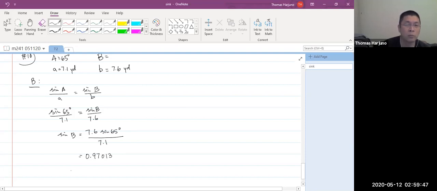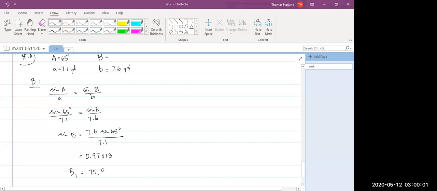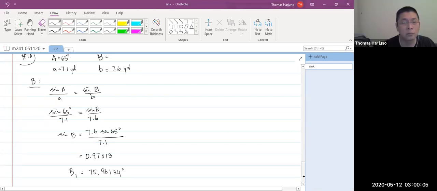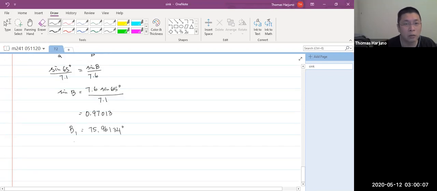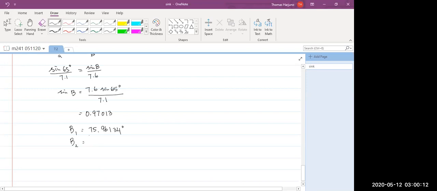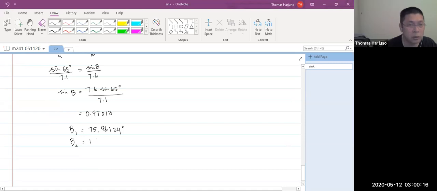So my B1 in the first quadrant will be 75.96134. And then my other angle B2 will be 104.038 degrees.